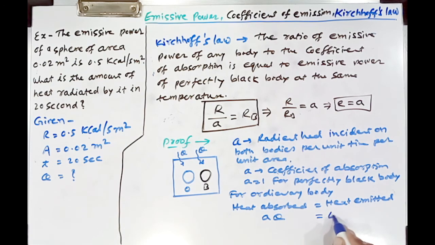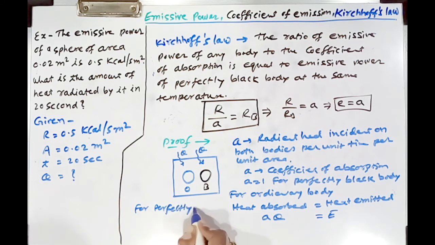It is called the emissive power. Similarly, for a perfectly black body, heat absorbed is equal to heat emitted.